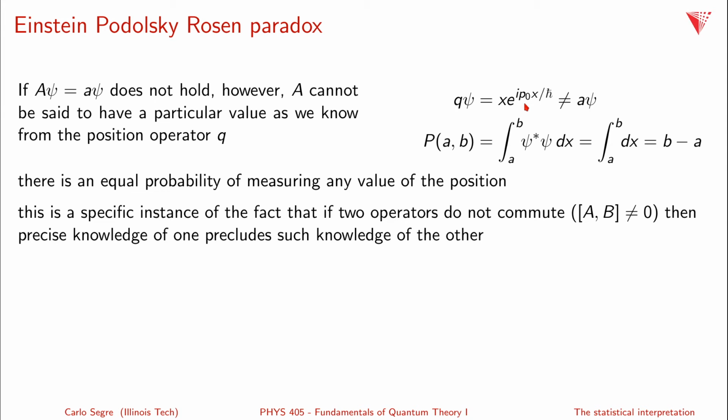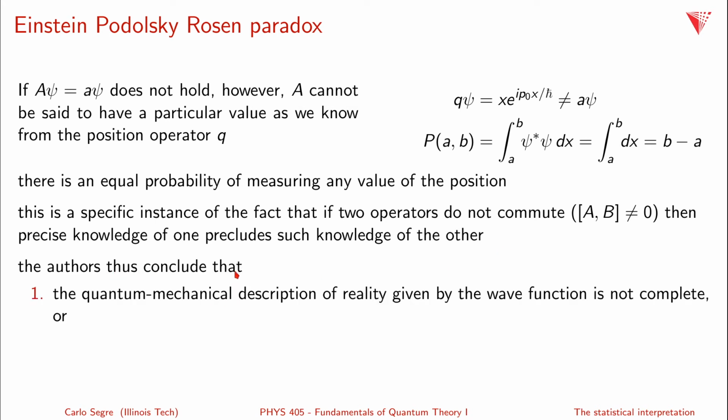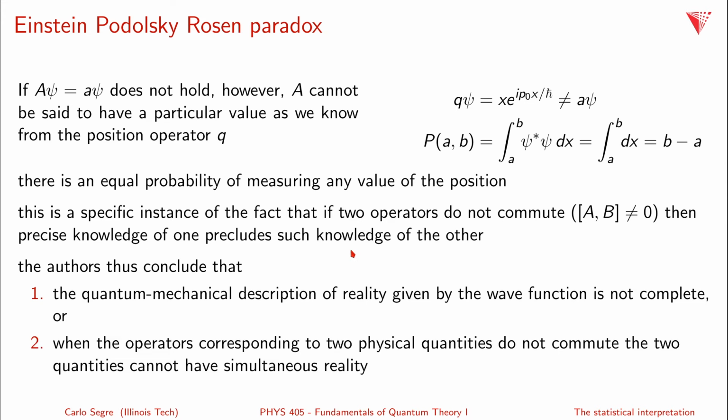This is because the two operators don't commute, so the commutator of A and B is not equal to 0. And that means a precise knowledge of one precludes the knowledge of the other, right? That's the Heisenberg uncertainty principle. We talked about that before. So the authors conclude that there are two possibilities. One, the quantum mechanical description of reality given by the wave function is not complete, because you can't localize the position.